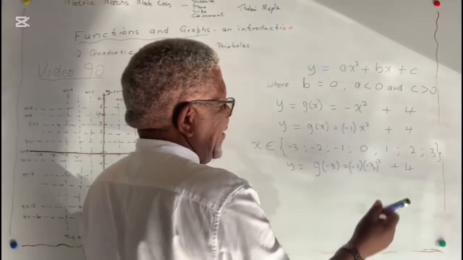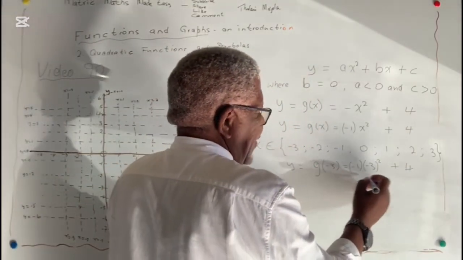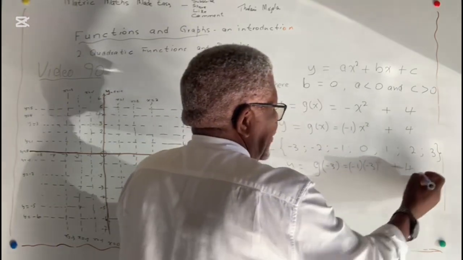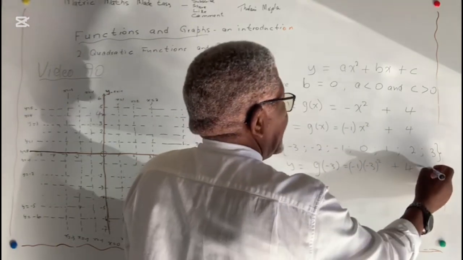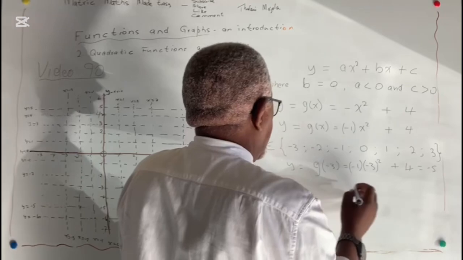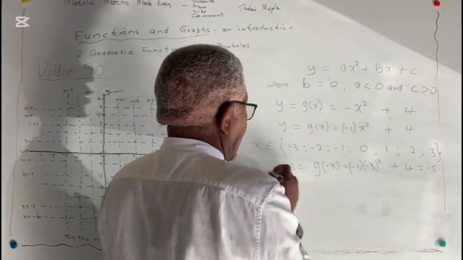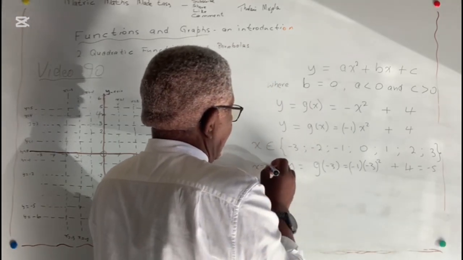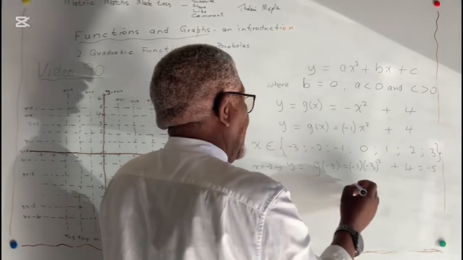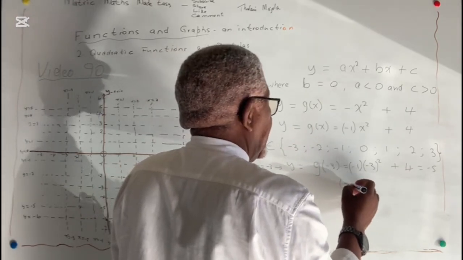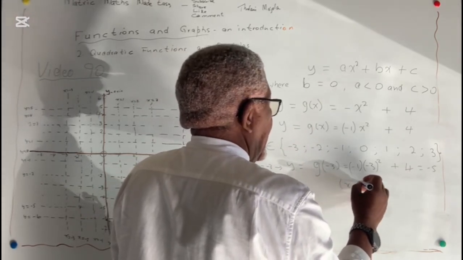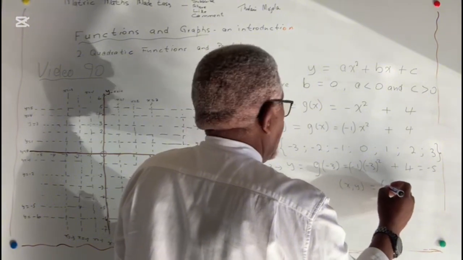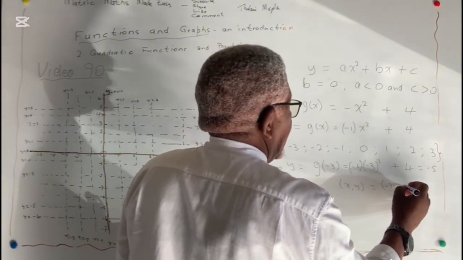So negative 3 squared is 9, so negative 9 plus 4 is equal to negative 5. So we got a point x and y equal to negative 3 and negative 5.